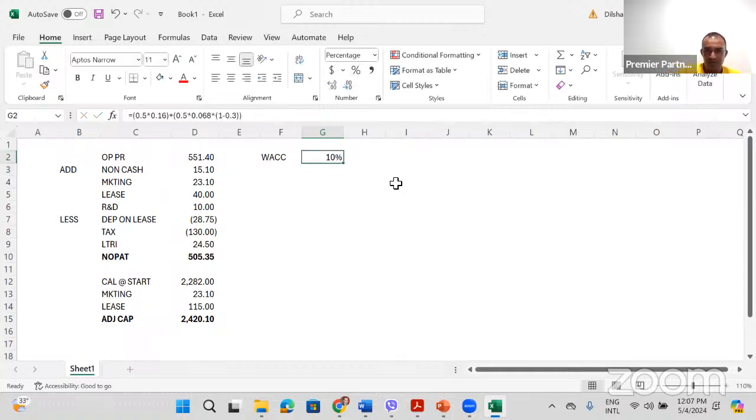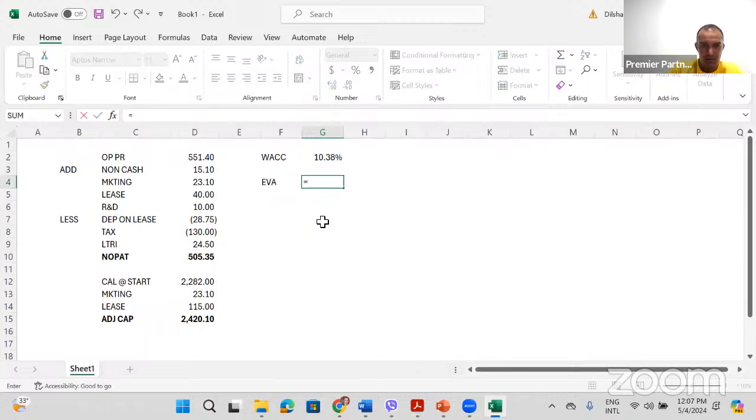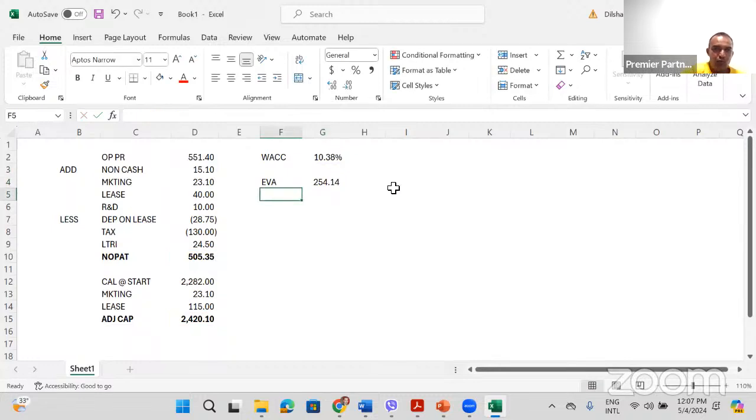Therefore, EVA is NOPAT minus adjusted capital into WACC. Okay, 254.14.